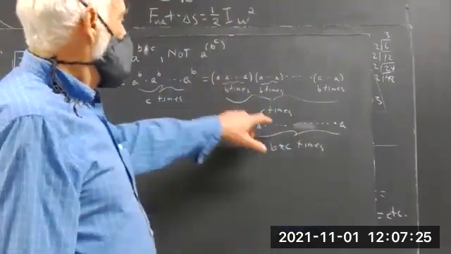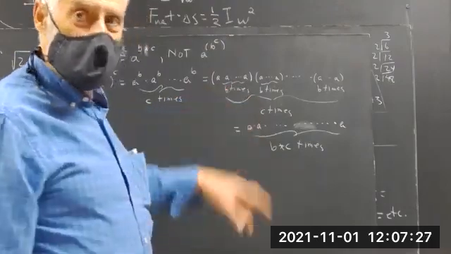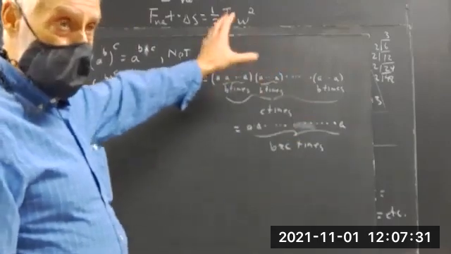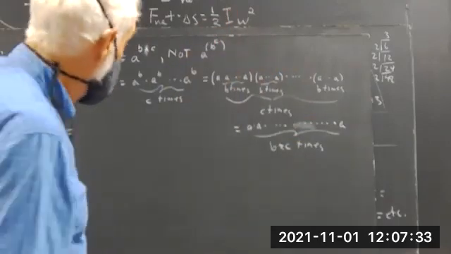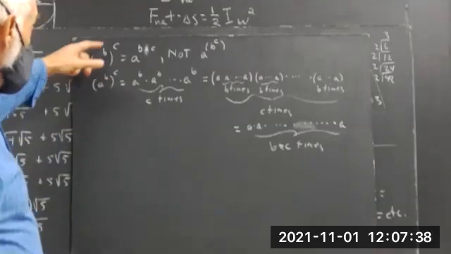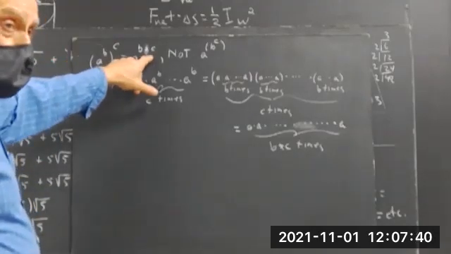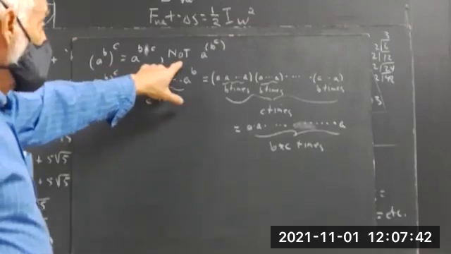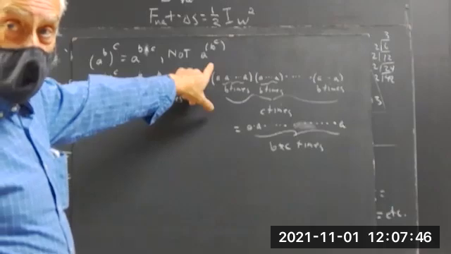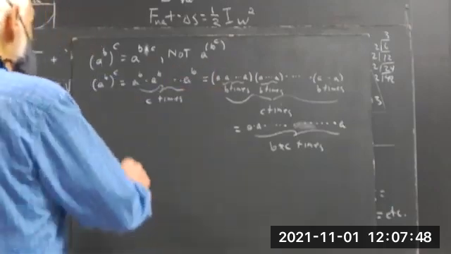Because you got c groups with b in each group, you got b times c of the term, okay? So you have to understand this. So you always know what the rule is and understand why it is so you don't make a mistake of doing something like this. Also, again, just so you understand it.